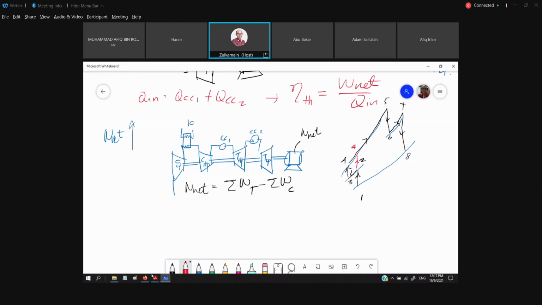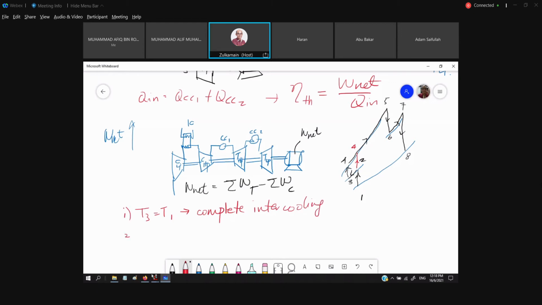Okay? And then also we have two characteristics. Whereby we could have T3 equal to T1. When T3 is equal to T1, what does this refer to? Complete intercooling. So this is the first characteristic.